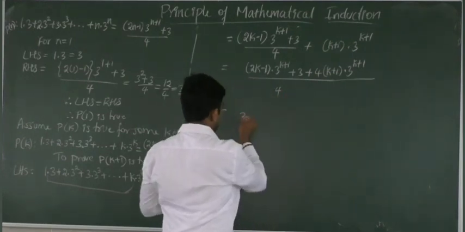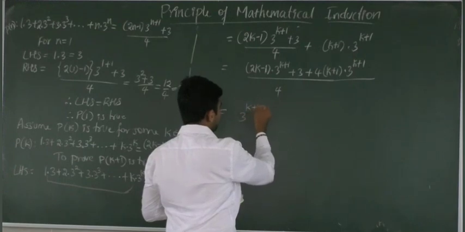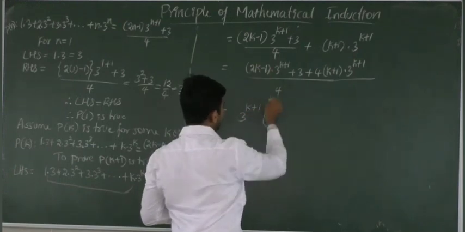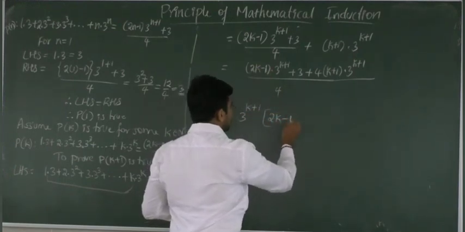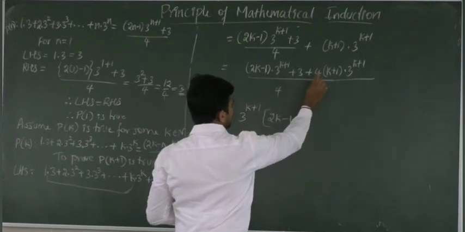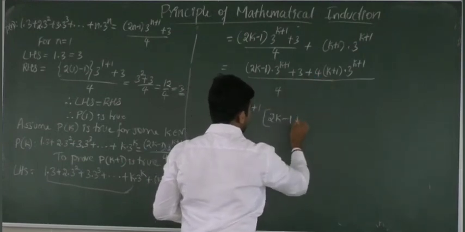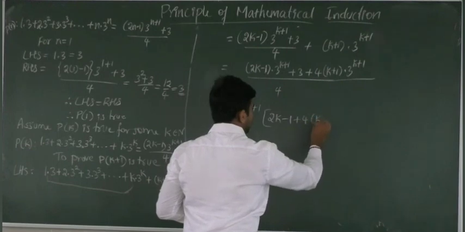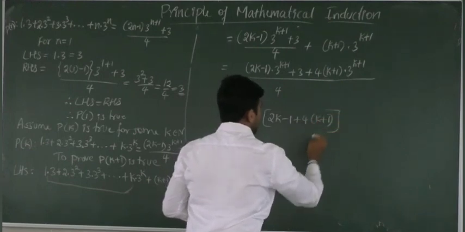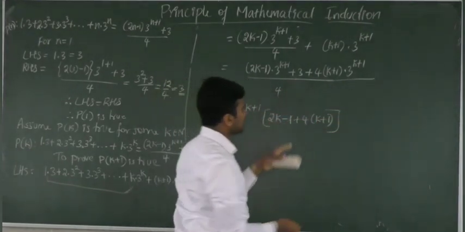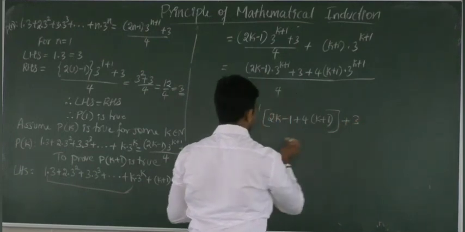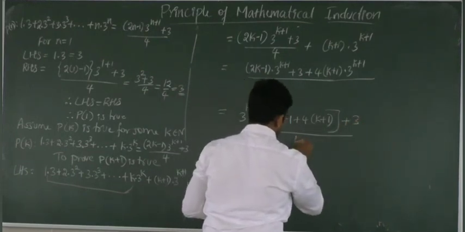Or else you write first: 3 to the power (k plus 1) is common, the remaining term here is 2k minus 1, plus what remained, 4 into (k plus 1). This is what remained, and the middle term remains as it is, plus 3, whole divided by 4.